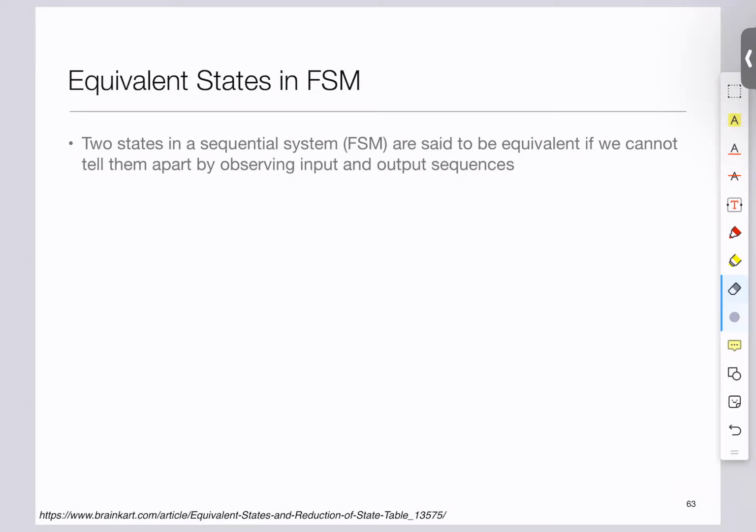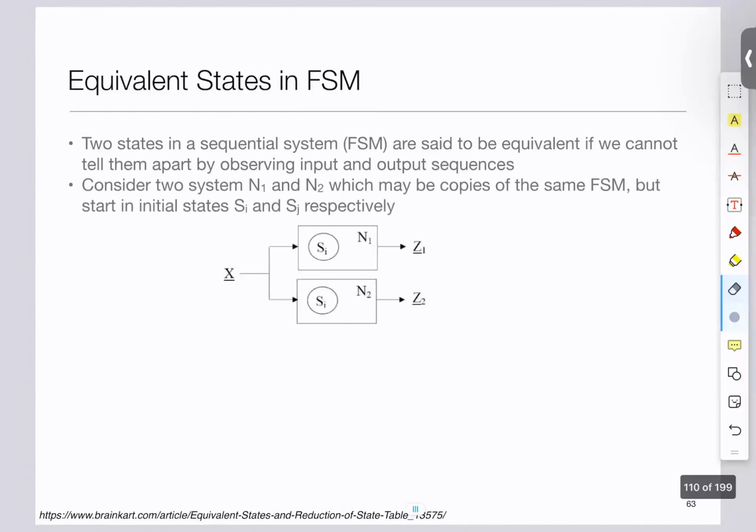What I mean by that is, let's say my system was running and it was in some state I. Whenever it's in state I, at that point I just replace I with J, the state whose bit pattern was J. I keep running the system, and if no one noticed, for all possible inputs, then that means I and J were the same. So they are totally equivalent from the perspective of the observer. So consider 2 systems, N1 and N2. They're just the names of the systems.